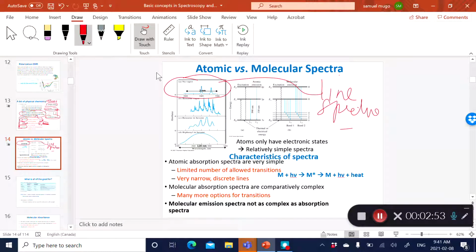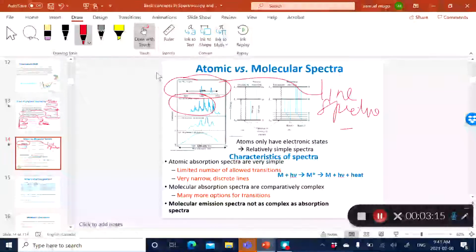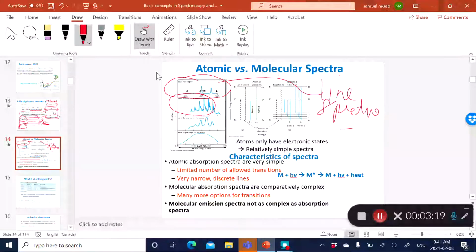However, when you're talking about, say, benzene vapor, which of course is a molecule, you can see the absorption spectrum that you're getting is not really a line spectrum, but it's got a lot more character to it. And the question is, why does it have a lot more character compared to sodium vapor? The reason, like I said, is that sodium, being an atom, does not have rotational and vibrational states, and that's why you have a very simple type of spectrum.